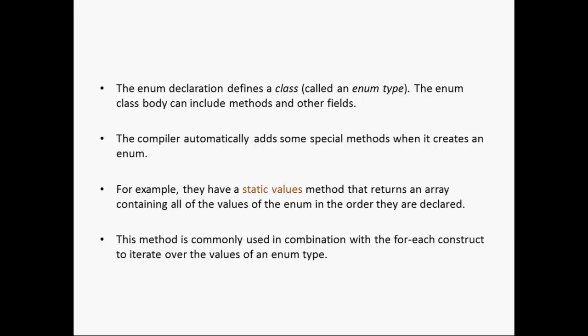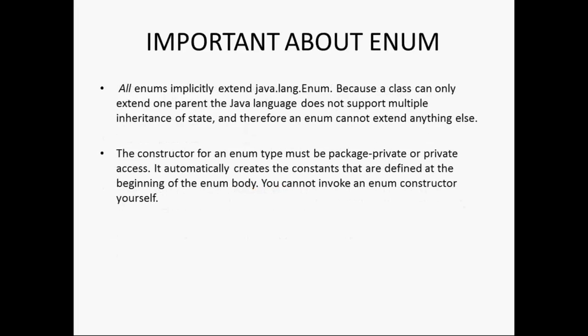It only creates the constants that are defined at the beginning of the enum body. You cannot invoke an enum constructor yourself. Enum constructors are not invoked by you; they are invoked implicitly to create the constants.